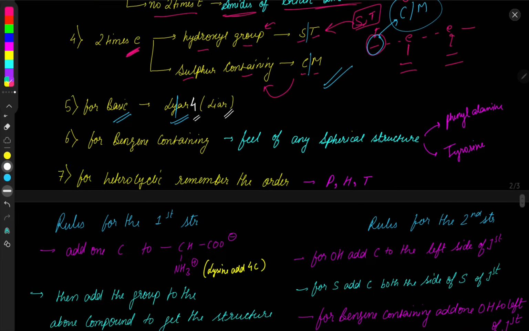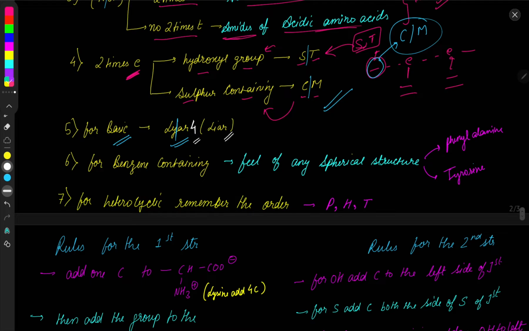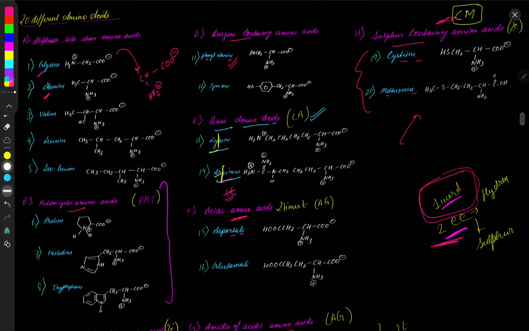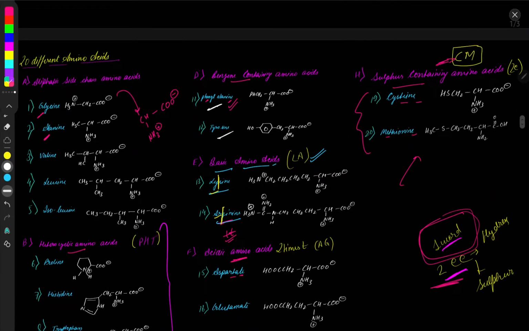For benzene containing amino acids, how would you know that this amino acid has a benzene ring in it or not? So feel for any spherical structure. For example, there are 2 amino acids which contain benzene, which are phenylalanine and tyrosine. See, are you getting the feel of a benzene here? Phenyl. Yes, everybody would get a feel of benzene here.